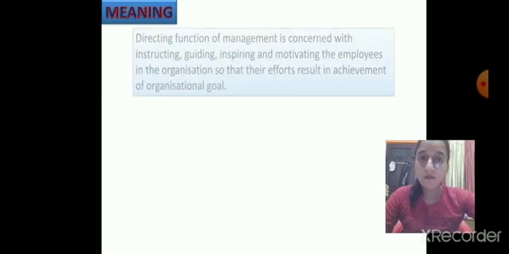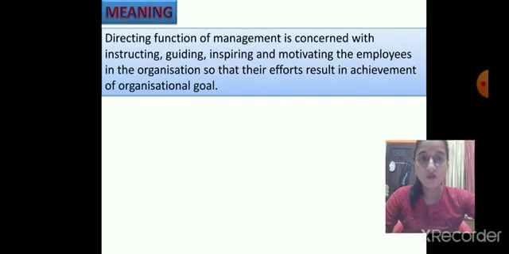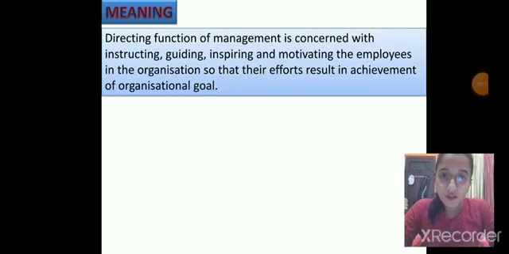So directing basically means it is a function of management which is concerned with instructing, guiding, inspiring and motivating the employees in the organization so that their efforts result in achievement of organizational goal. So after staffing function, where the right person is placed at a right position in the organization, these persons get instruction directly from their superiors.